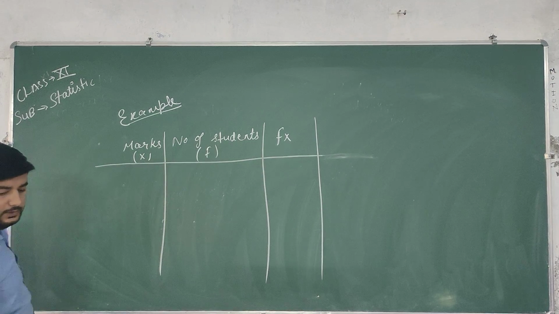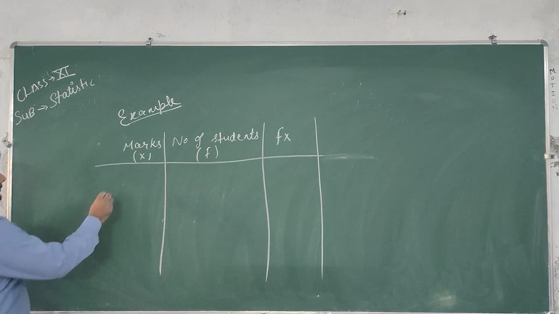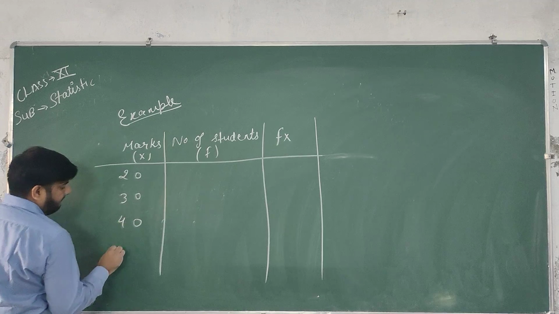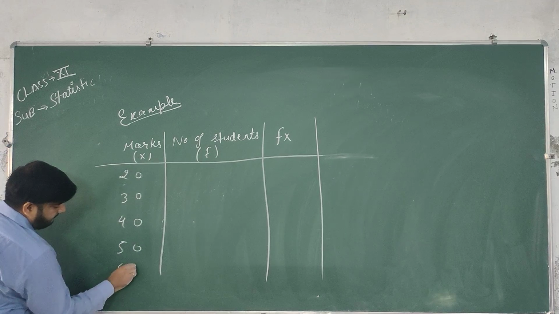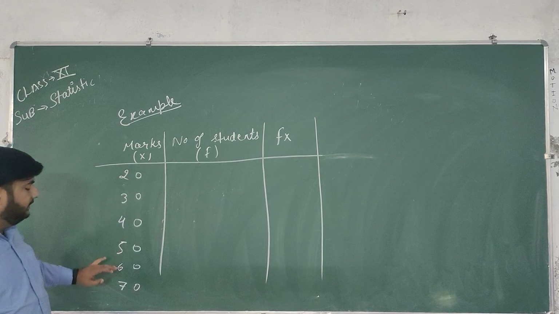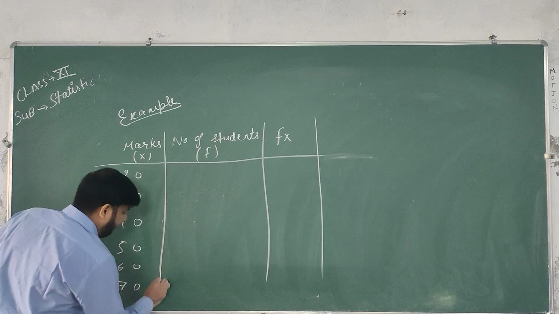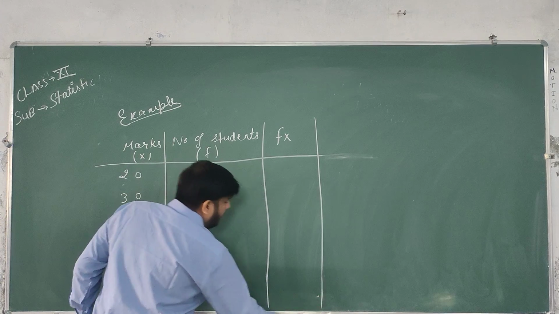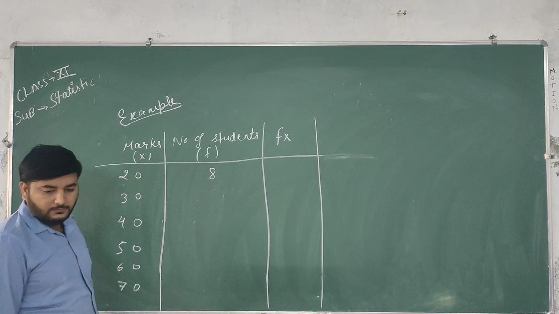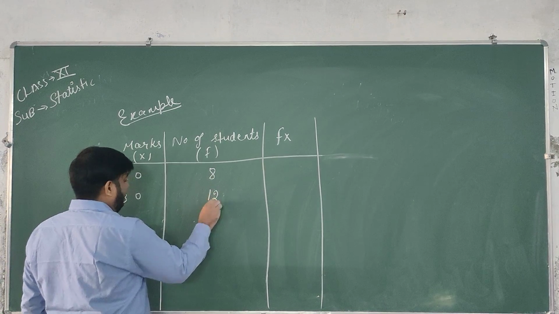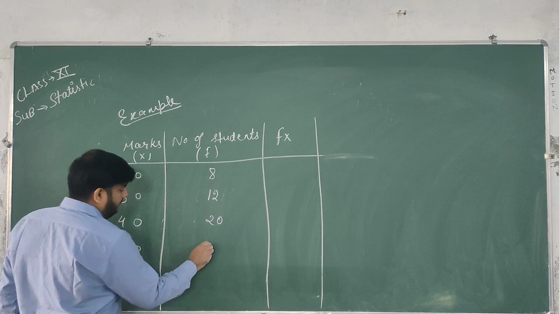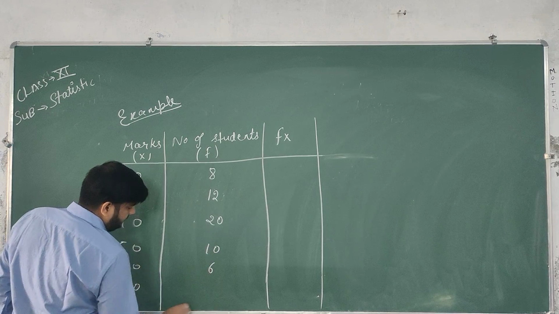So the marks given are 20, 30, 40, 50, 60 and 70. And the frequencies given are 8, 12, 20, 10, 6, 4.